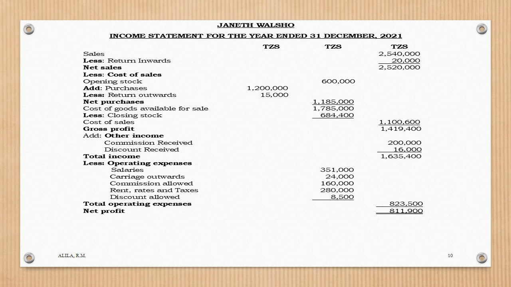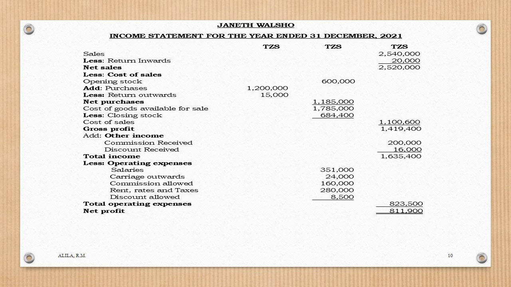So it is only cost of goods sold that is meant for a nominal account, and the closing stock will find its way onto the statement of financial position. So again, after having a gross profit, we add other income, commission received, discount received, to get our total income. And from this total income, we deduct operating expenses.